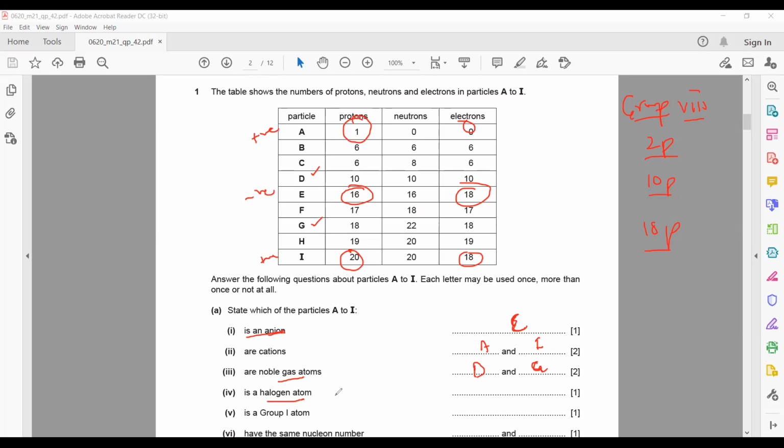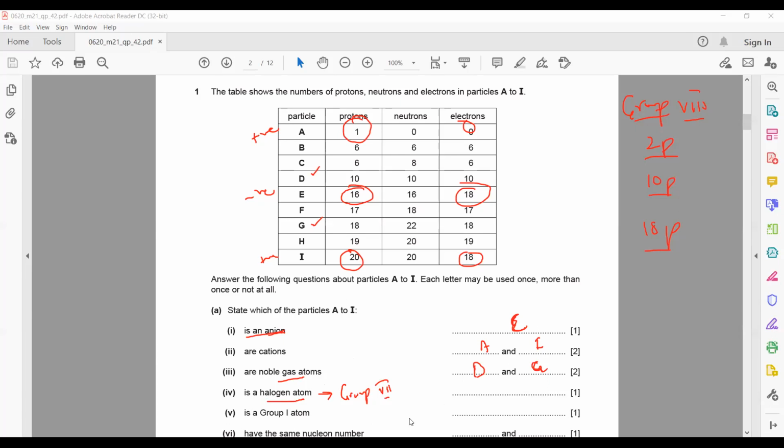Next, it is a halogen atom. Halogen means group 7. They use these terms from the periodic table, that is chapter 9. When we discuss the periodic table, you will learn about the groups. But here, it means the halogen. Halogen means group 7. So how can we work out group 7?